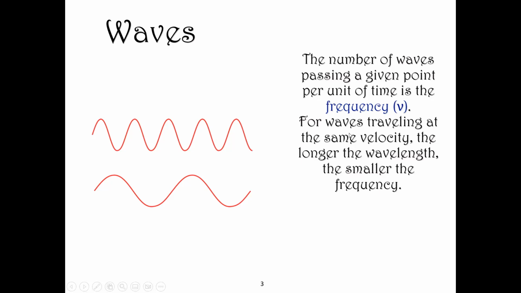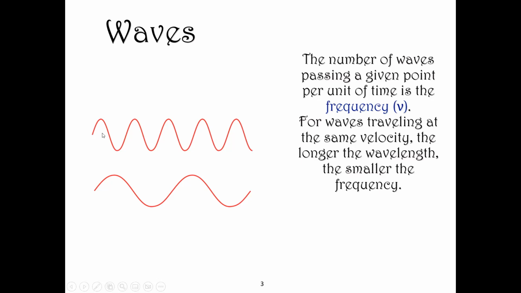And that's going to affect the frequency because with these waves, we're going to see that they travel at the same velocity. So all light travels at the same speed if it's going through the same medium. So obviously, if we have light going through water versus air, they're going to travel differently. But if we've got 2 different waves just traveling through air, they're going to be going at the same speed.